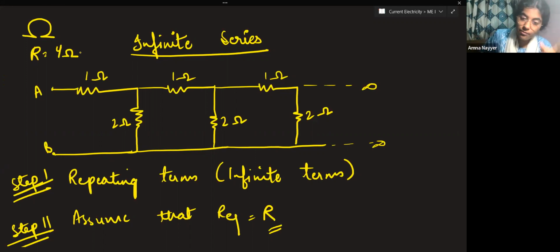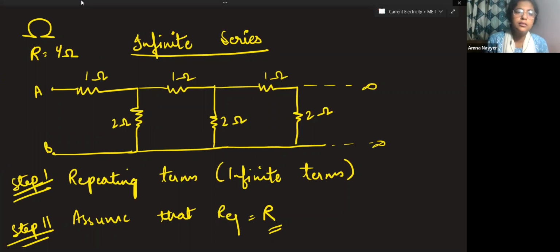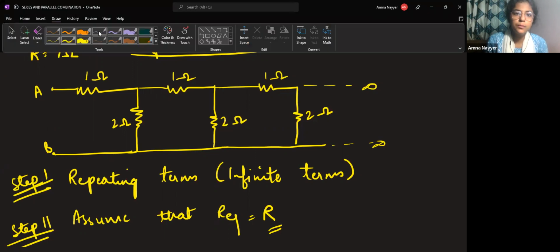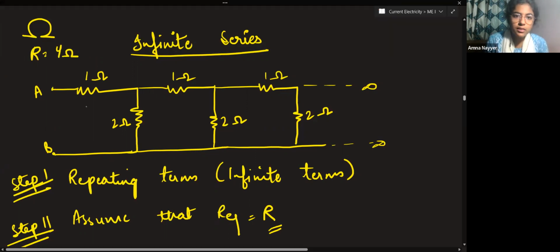Step one, which I've already written prior to the class, is repeating terms. You have to identify the repeating terms. In this circuit, see, a 1 ohm resistor, a 2 ohm resistor have been connected.